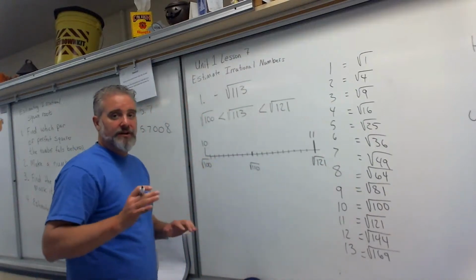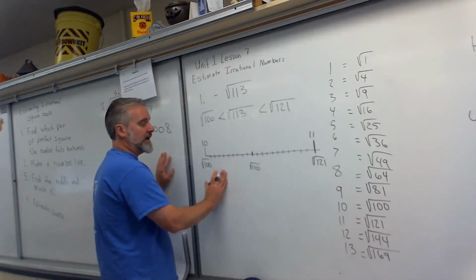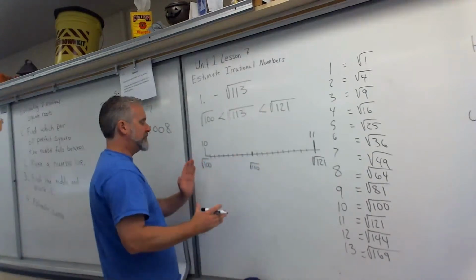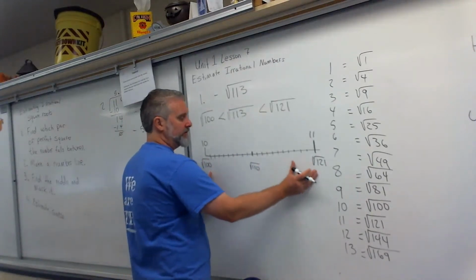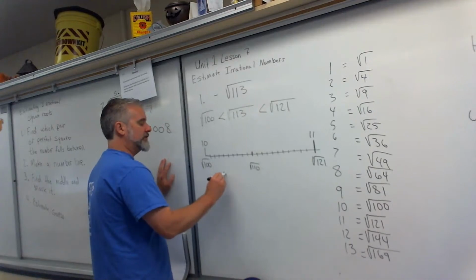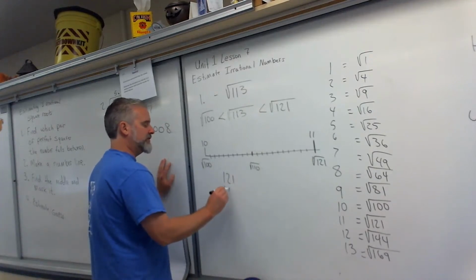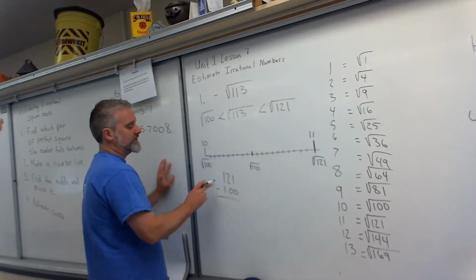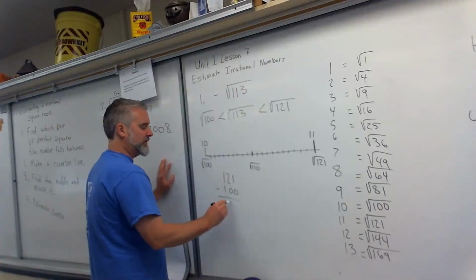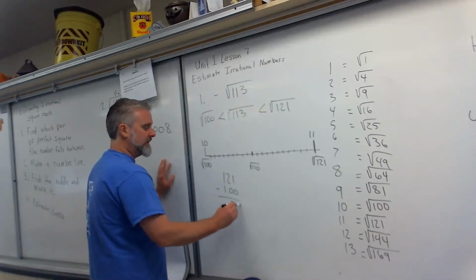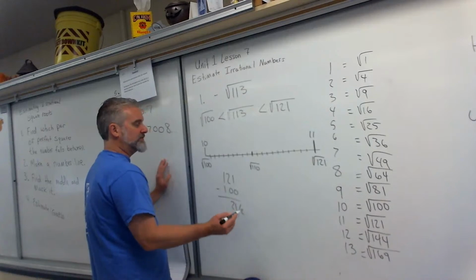All right, next step. I'm having the class find the midway point between 100 and 121. So to find that, we're going to look for the difference between these two numbers. Subtract 100 from 121, and we get the difference of 21. And now we're going to split it in half because I want to find the middle.